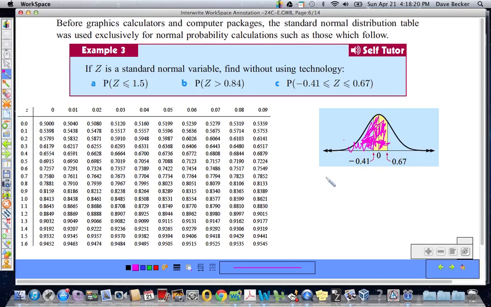Just keep that in your head. And I could subtract out this little piece here, and I'd be left with the yellow.